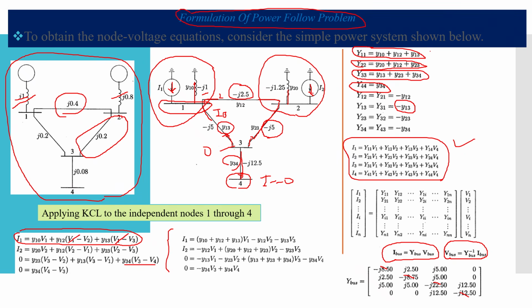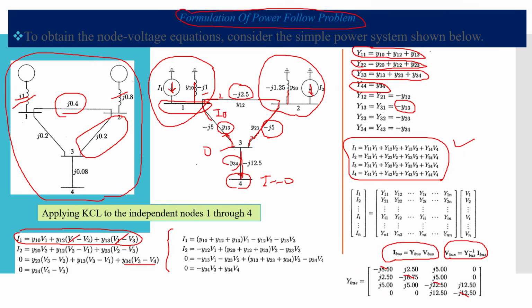But for off-diagonal elements, for example, Y12 is equal to Y21, Y13 is equal to Y31, like that. So the diagonal element is the summation of all admittance connected to that bus, whereas the off-diagonal element is taken as the negation of the admittance of the transmission line between those two buses.